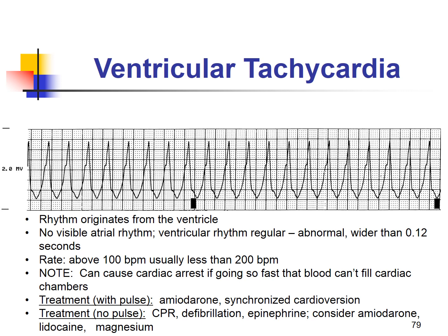So it can cause cardiac arrest if it's going so fast that the blood can't fill. The treatment, if the patient has a pulse, you treat them differently. If there is no pulse, then you do CPR. Okay? If there is a pulse, amiodarone or maybe cardioversion. Next slide.